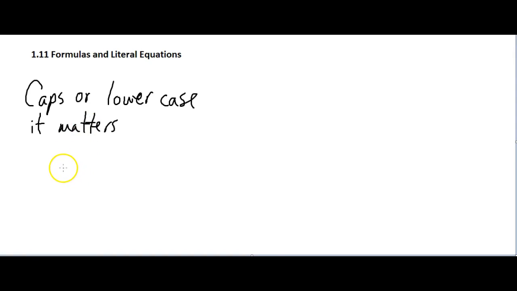Because what happens is in some formulas maybe you will have a lowercase t and uppercase T, and they represent different values, okay? So we don't want to just write everything with caps like some people sometimes do in their own handwriting. So the case of the letter, whether it's cap or lowercase, is very important.